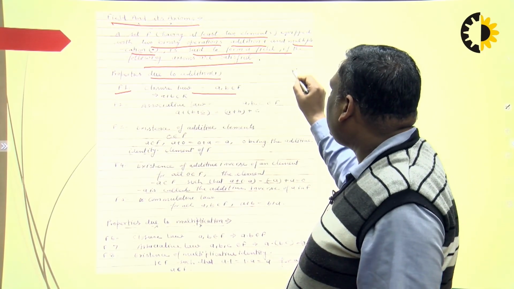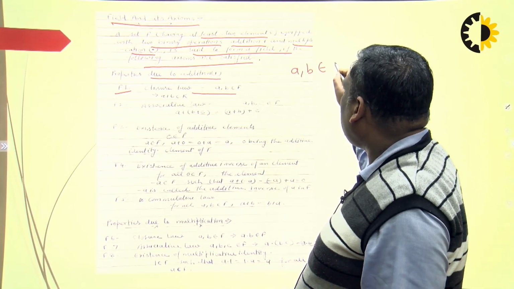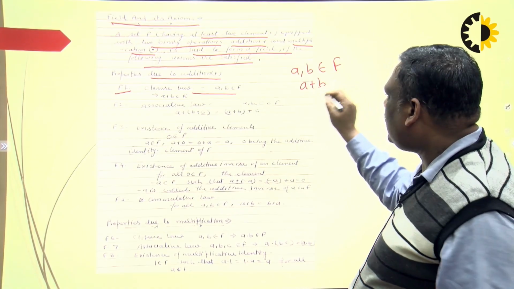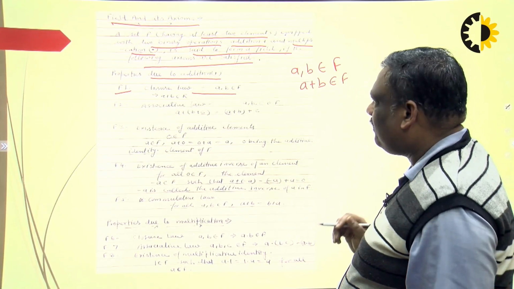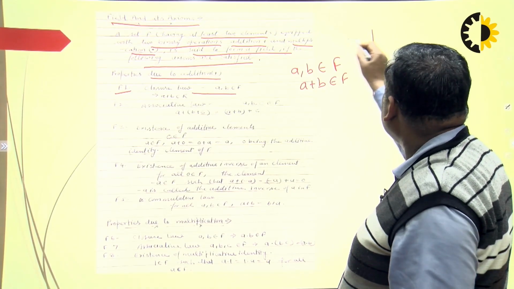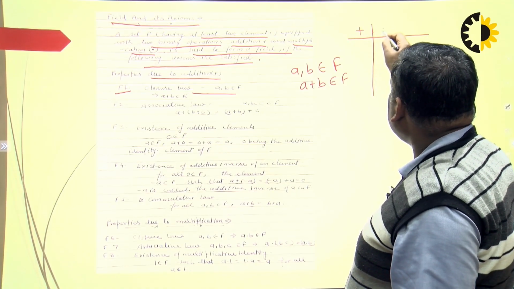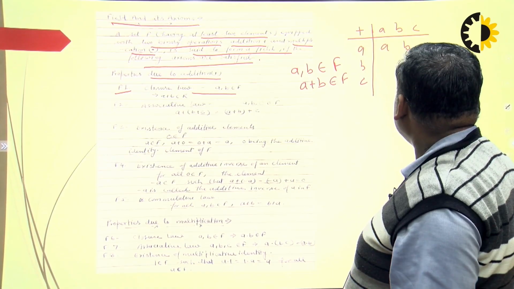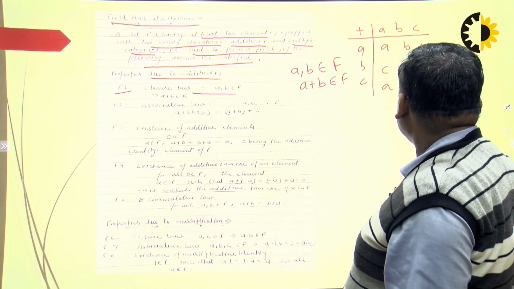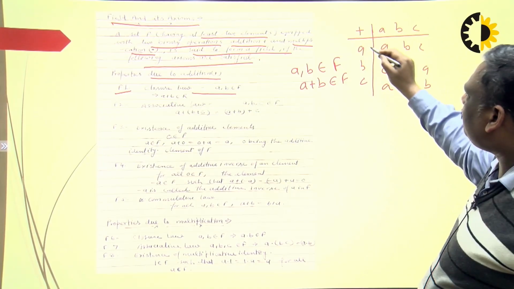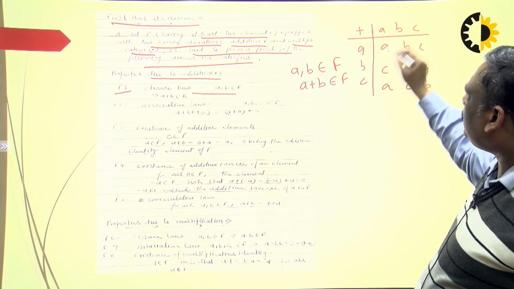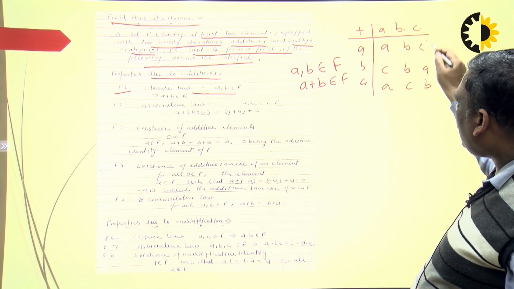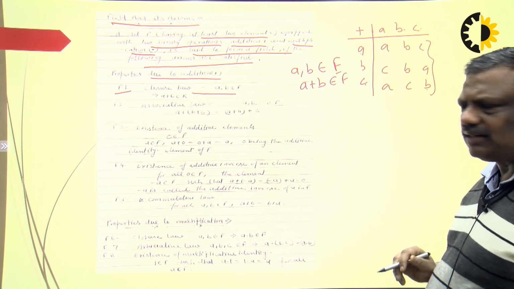That means if any A and B belong to F, therefore A plus B, the operation here being addition, also belongs to F. With the help of a table, we can easily see this: when we apply A plus A equal to A, B plus B equal to B, C plus C equal to B, all the outputs are in F.